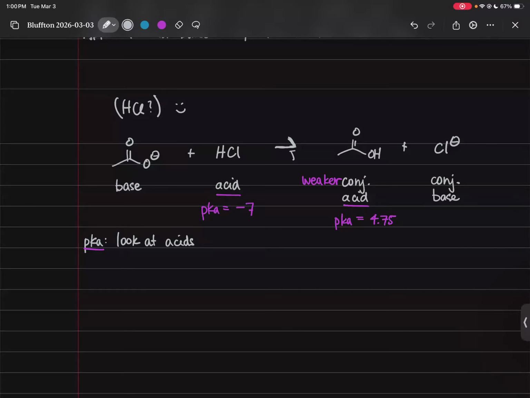All right. For ARIO, we look at the bases. Atom, resonance, induction, orbital. Okay, first is atom. So we're comparing acetate with the negative charge on oxygen and chloride with the negative charge on chlorine.